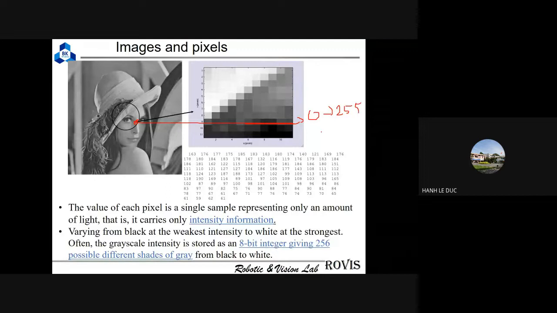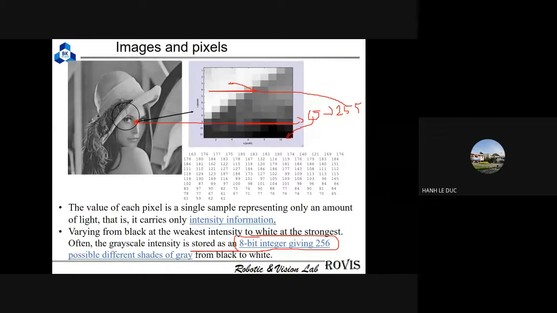For example, if you give the value 0, it will be very dark like this. And if it's 255, it will be very white, something like here. Normally we will do the image processing on the grayscale image with 8 bit, and we will have the colors from black to white.